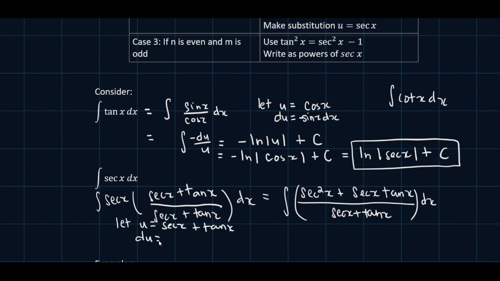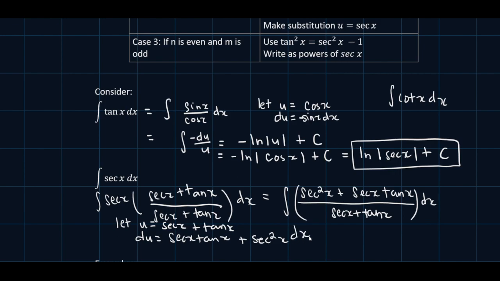Getting the derivative of u with respect to x will actually give us secant x tangent x plus secant squared x dx, of course.